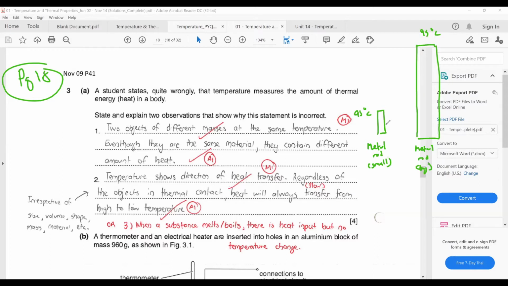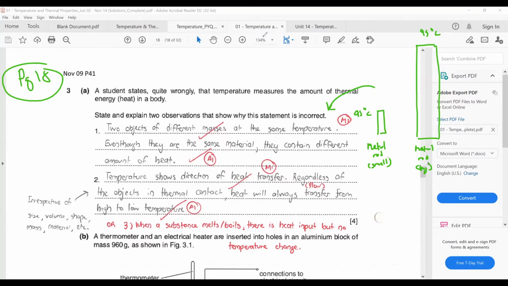Can I say that the amount of heat energy contained in this small metal rod and in this big metal rod are the same? I cannot say that, right? So you can have two objects of different masses at the same temperature. Even though they are the same material, they would contain different amounts of heat.